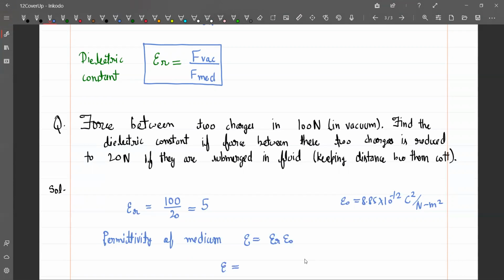Sir, 44.25 into 10 raised to minus 12. That is correct. So this will be the permittivity.